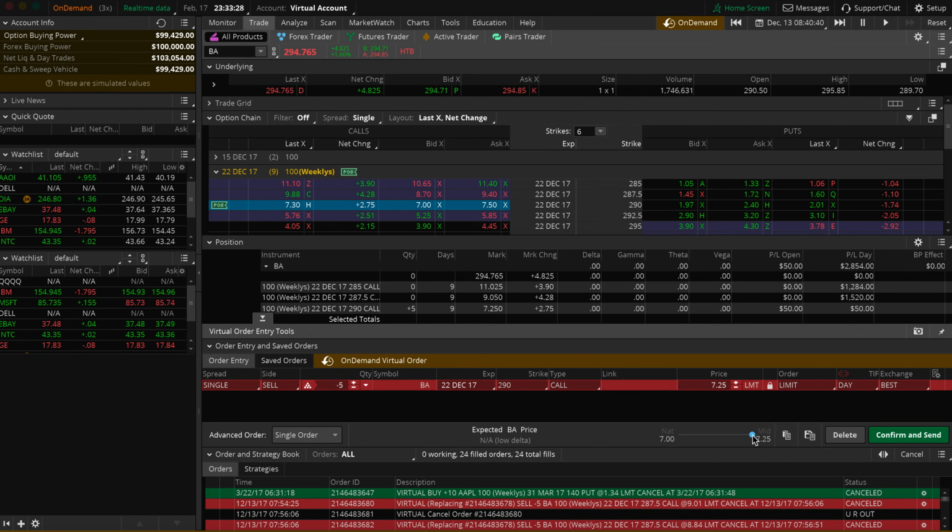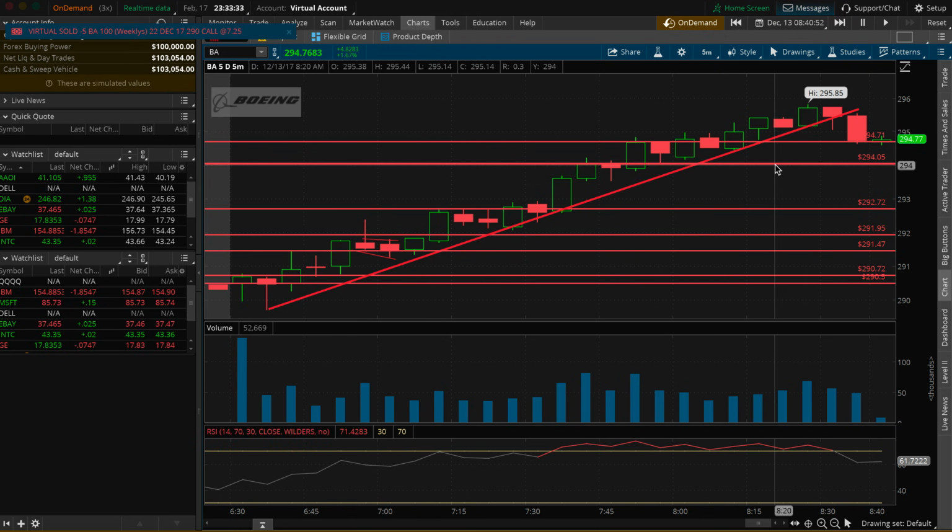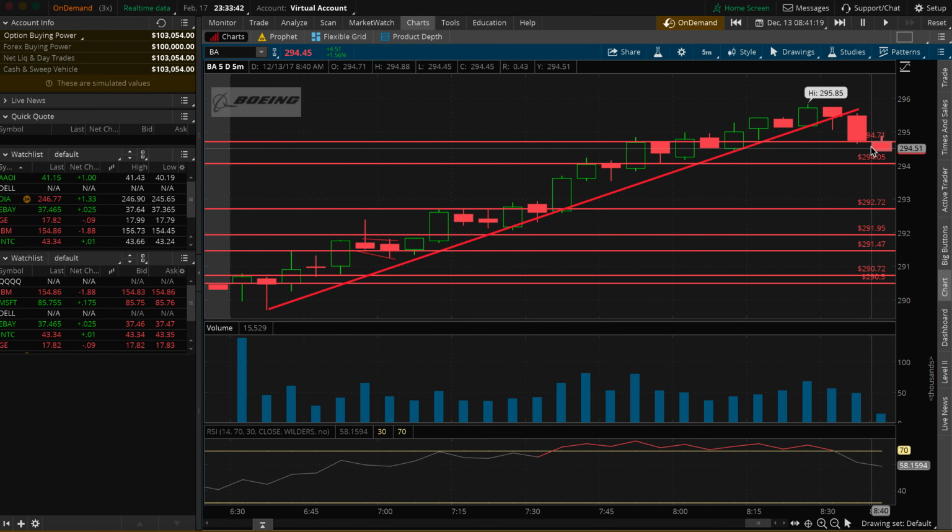Mid. Got out. Look at the charts. See what happens. Is it going to hold that support or is it going to go down? It starts to go down. So it just broke our support. Let's see if this closes below our support. So it broke our trend line, broke our support.